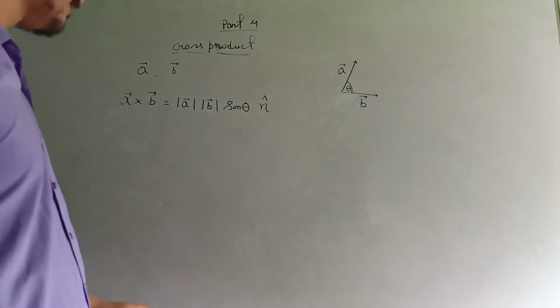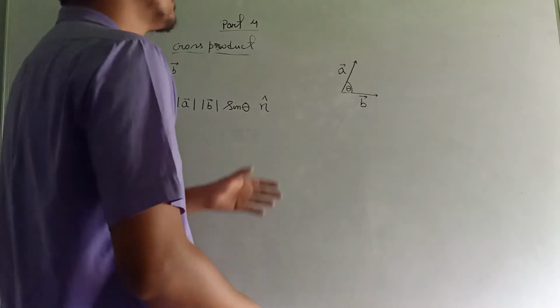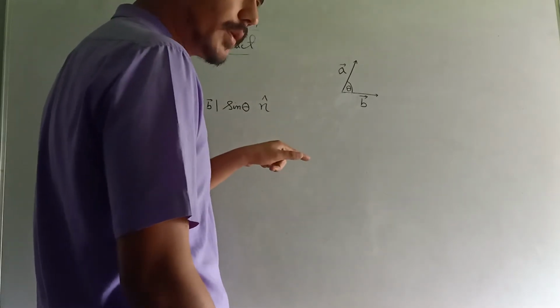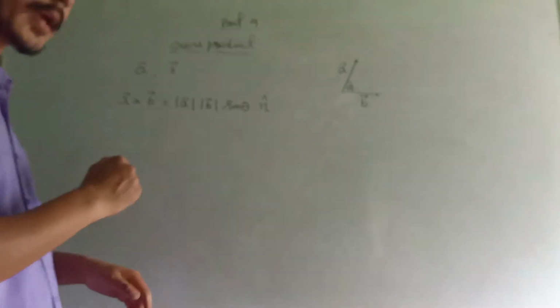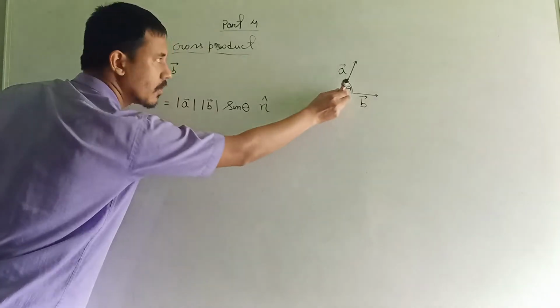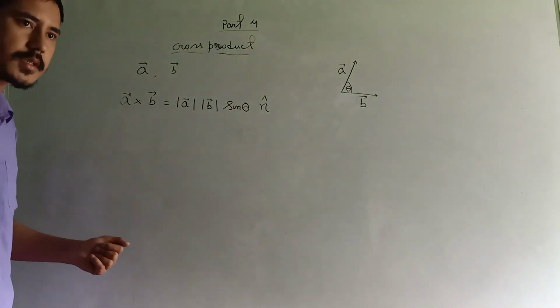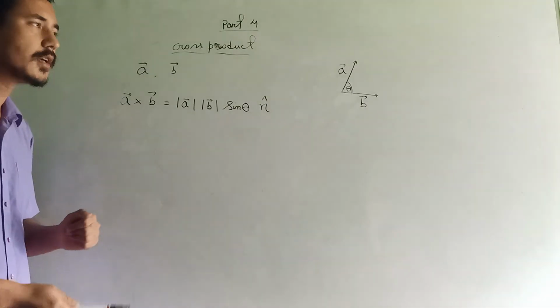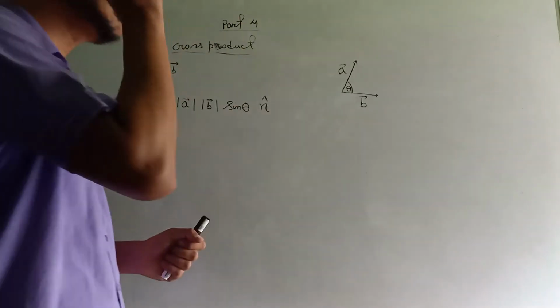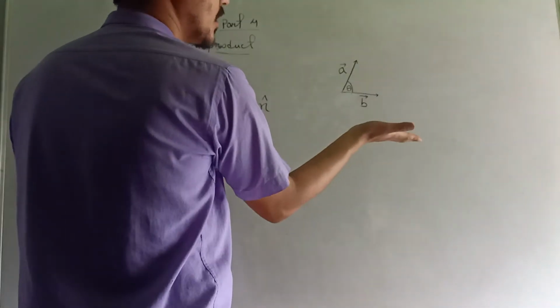See, if I say the direction of A cross B is perpendicular to the plane containing A and B, then that gives you two directions. One will be perpendicular outwards, one will be perpendicular inwards. Now a vector cannot have two directions, it must have only one direction. So we're going to find out that particular direction using our right hand.